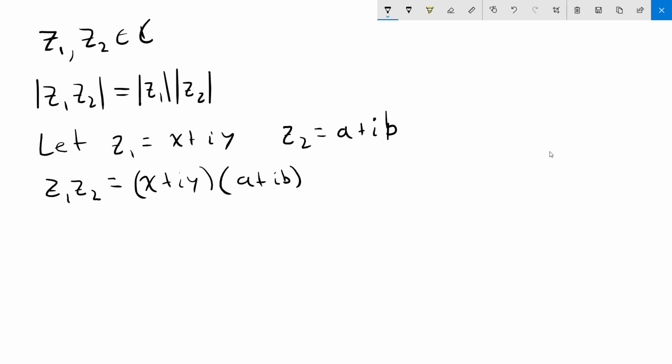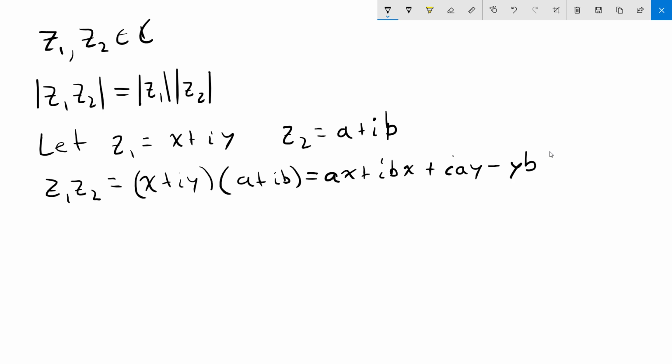We just FOIL, expanding brackets. So we get ax plus ibx plus iay minus yb.